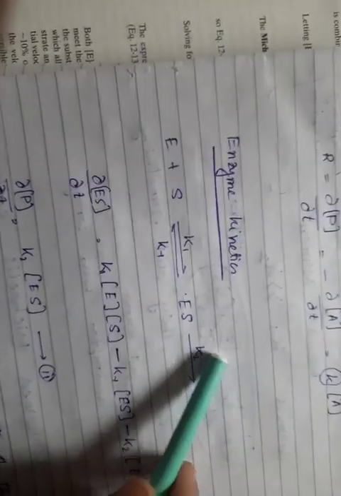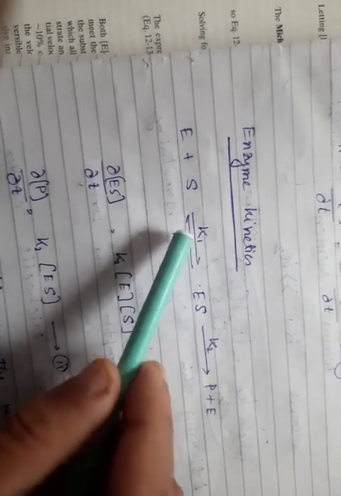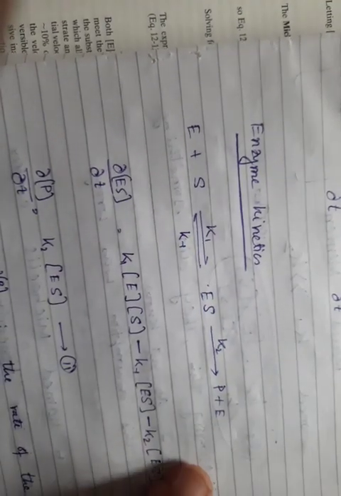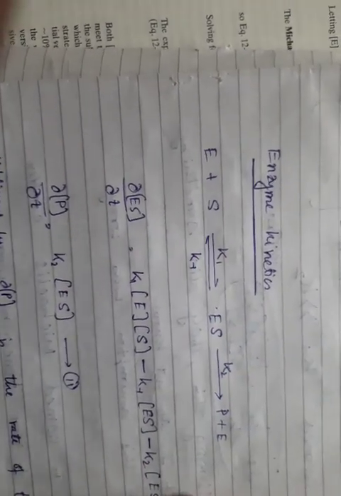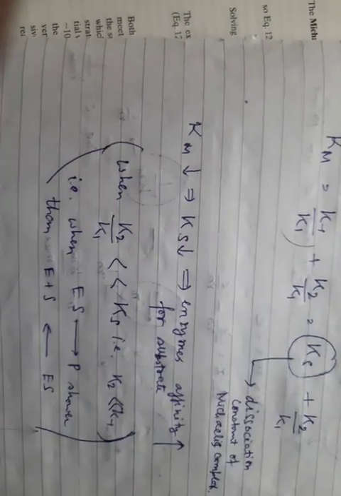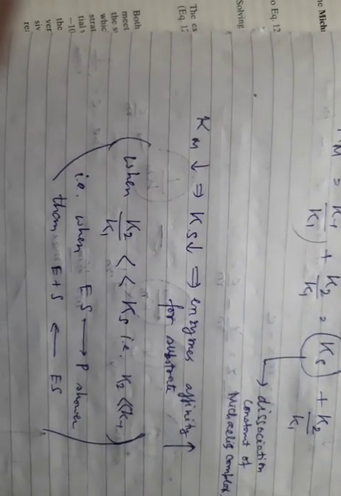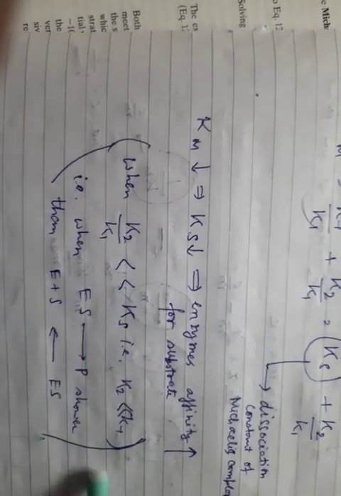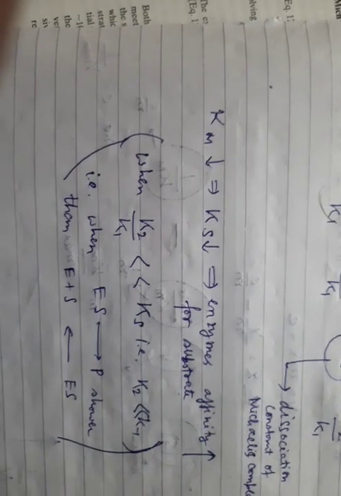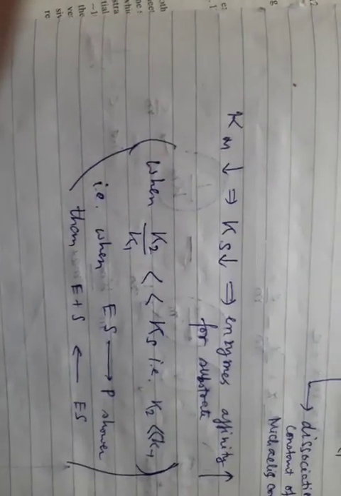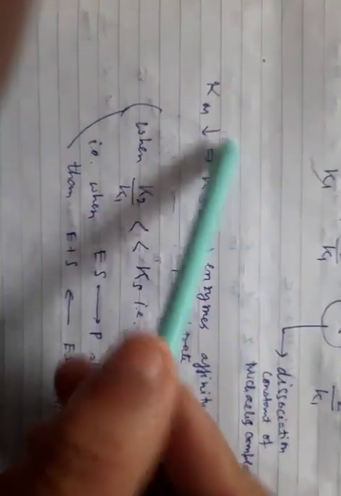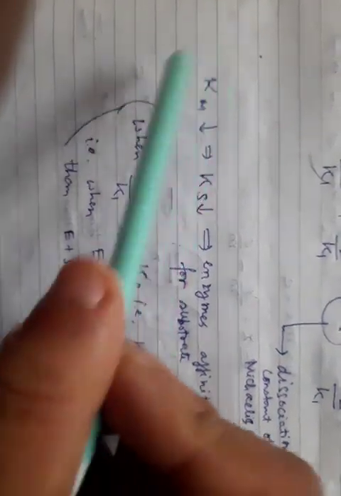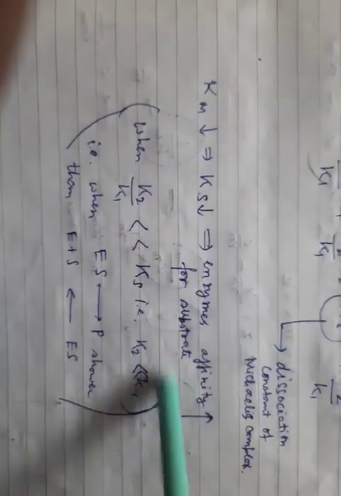When this one is much lesser than this one, that is, the formation of this one is lower than this one, at that time we can consider this in relation to this, to predict the enzyme affinity for substrates.